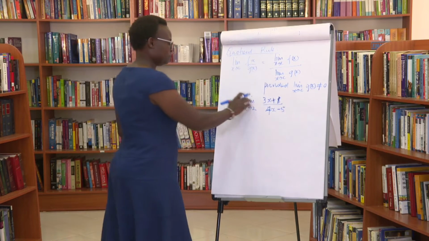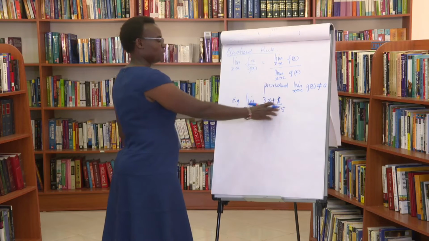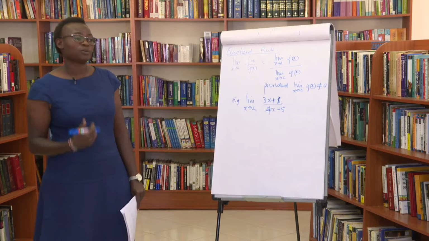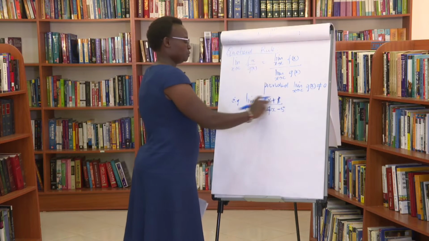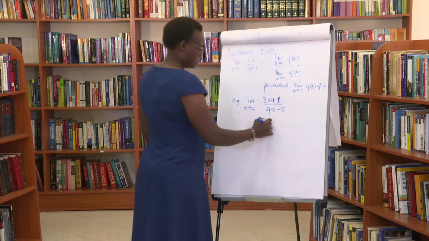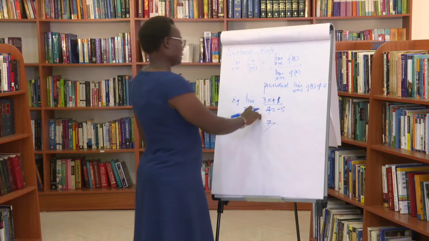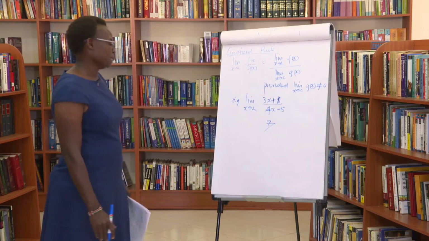So we get the limit of the upper function, get the limit of the lower function, and then we find the quotient of the two limits. So this will give us the limit as x tends towards 2 of this, so that would give us 7. And then the limit as x tends towards 2 of the lower one, that would give us 3.